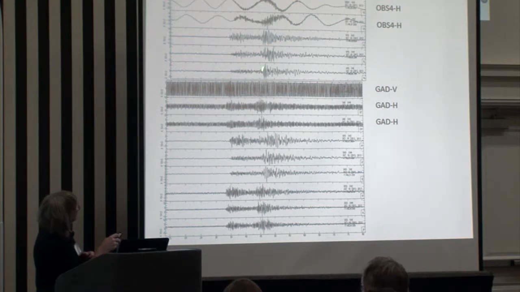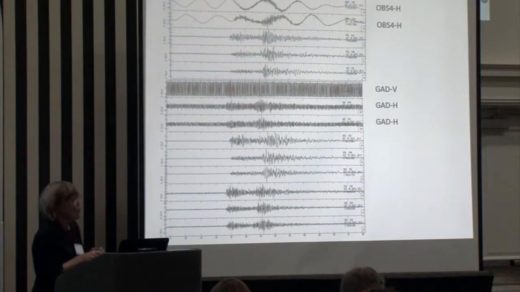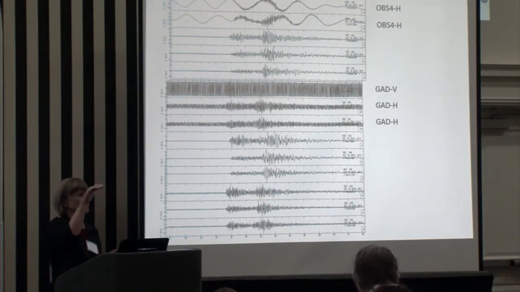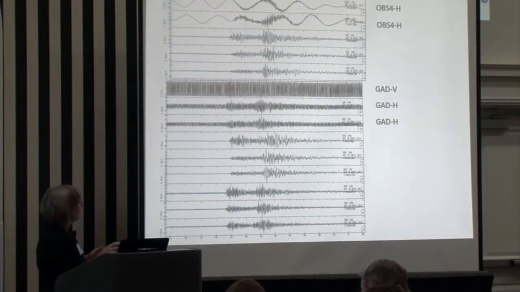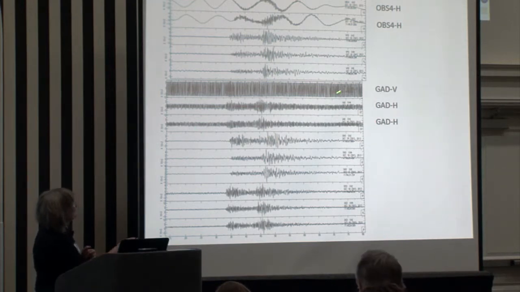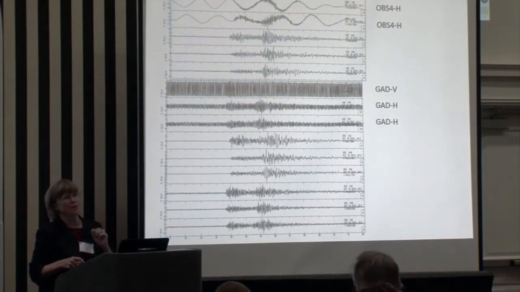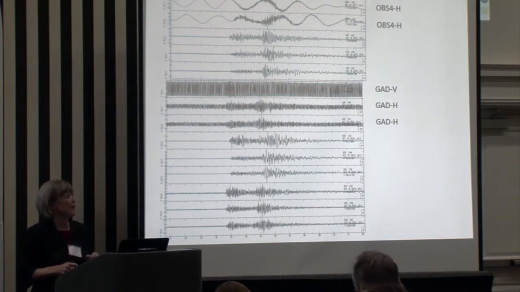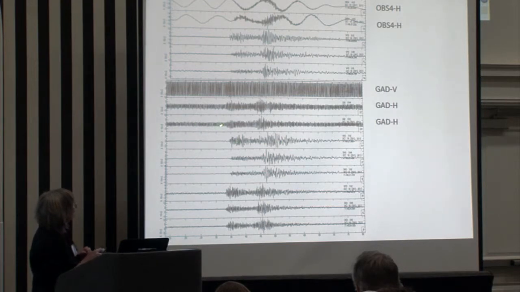This 3-component station and these 3 here are onshore stations, and they have good signal to noise. They're good stations. I just put them on for comparison. And then this is the GAD station. There's obviously something wrong with the vertical. In fact, we're working on that this week. We hope to have that solved. But you can see the signal to noise is not very good.